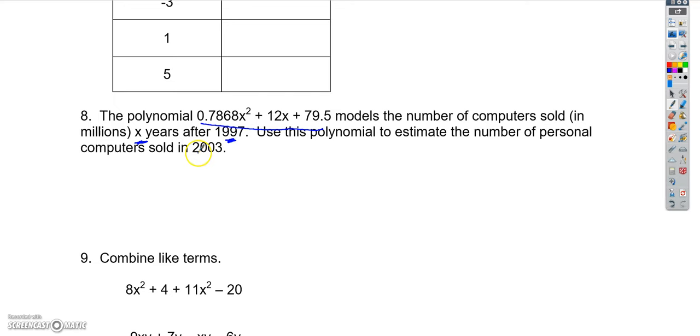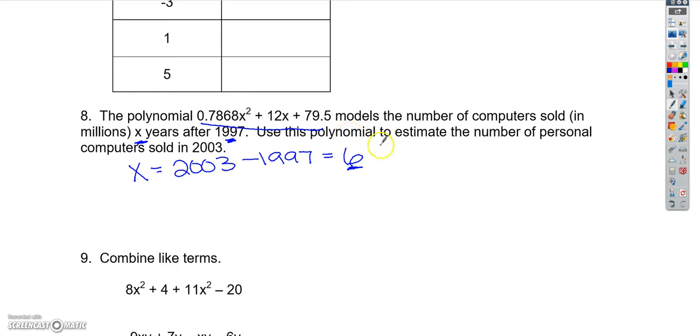So they want to know in 2003 how many computers were sold. So we have to first say X is going to equal 2003 minus 1997. And that gives us 6. So at 2003 would be x equals 6.